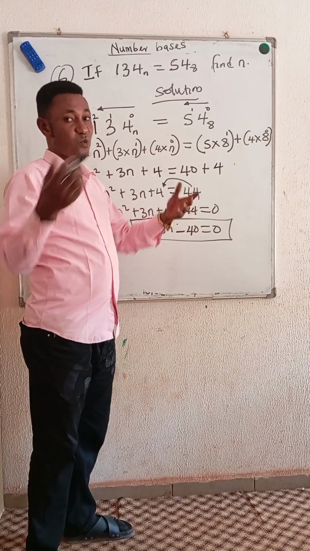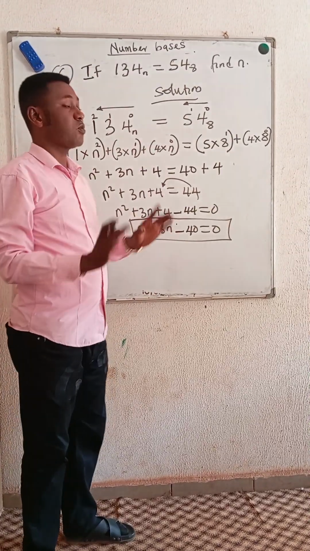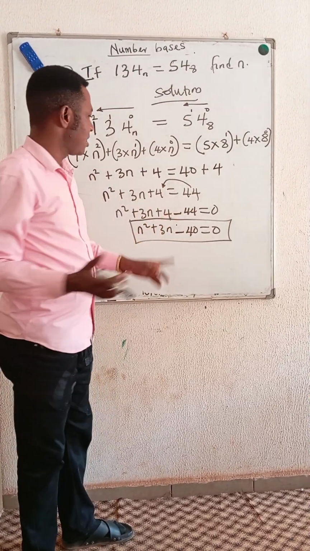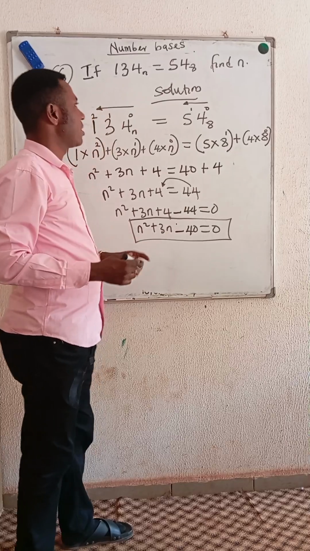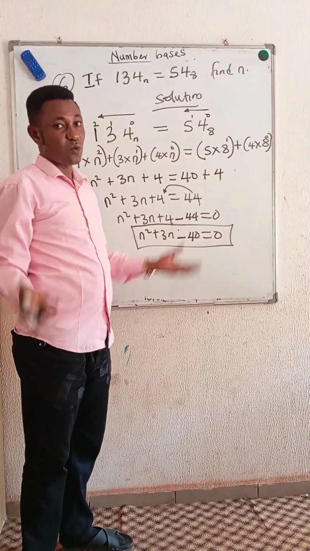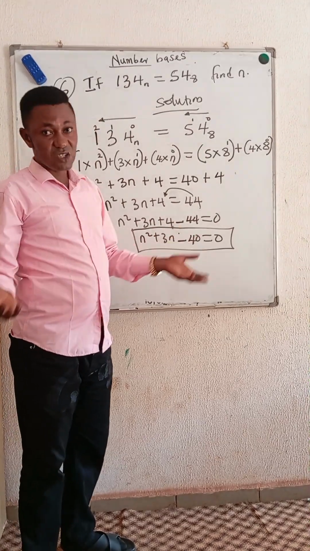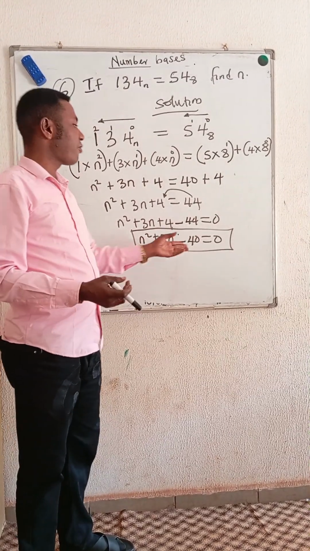But maybe in the next class, I'll talk about quadratic equations generally. But this one, let's solve it. You know that we have many ways of solving a quadratic equation: graphical method, factorization, completing the square, and then the formula method.